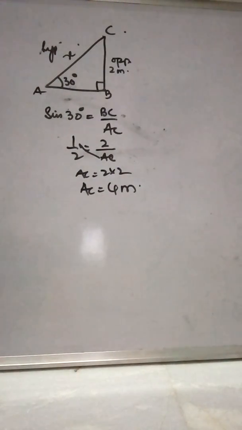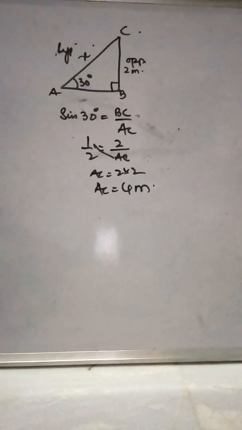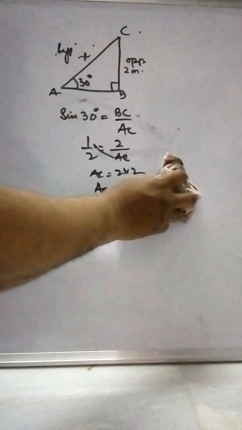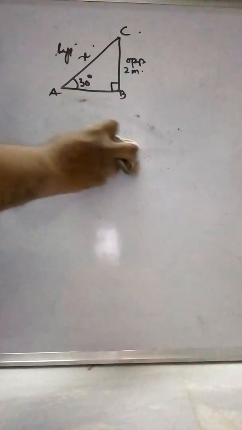Now in the next problem they are asking, the length of the shadow of a 15-meter high pole is 15 into root 3 meters at 7 o'clock in the morning. Then what is the angle of elevation of the sun rays with the ground at that time? So for this problem, see, we'll have the same figure.